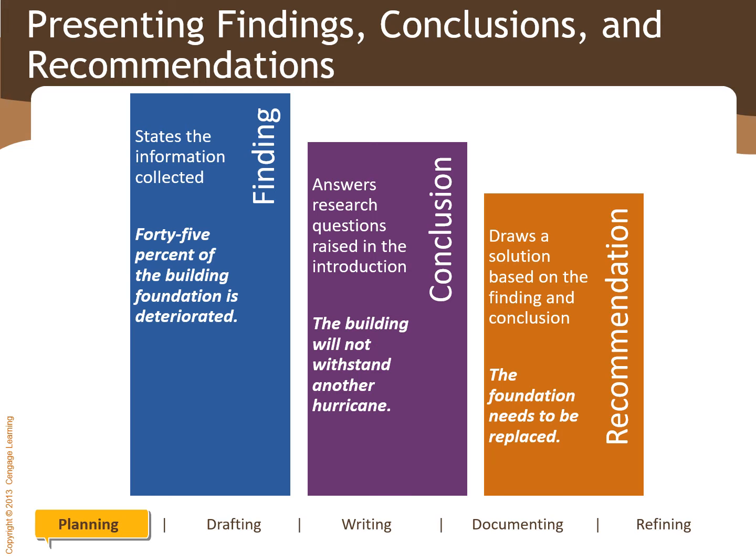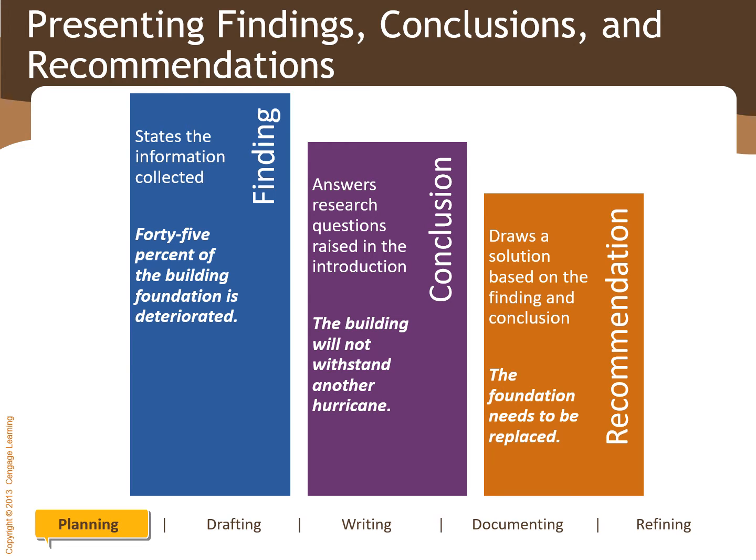So you have collected information, you have analyzed this information, you have interpreted this information, and now based on this information, what's happening? So what's the situation? What is the result? The result here is that, for example, the building will not withstand another hurricane.